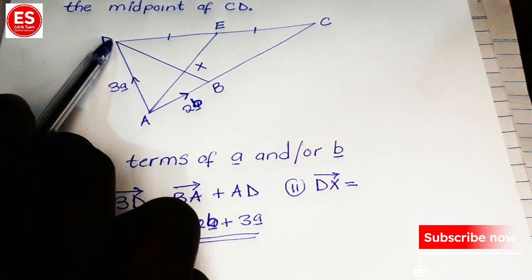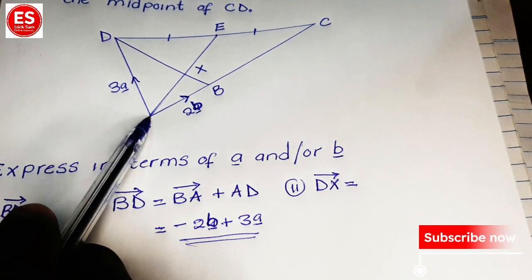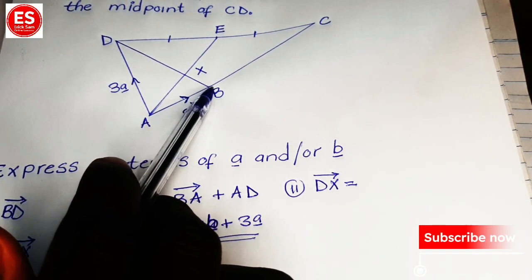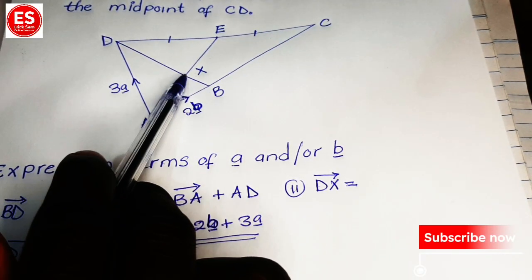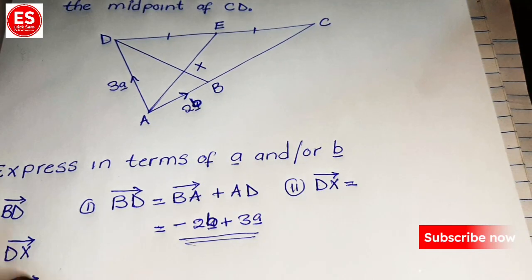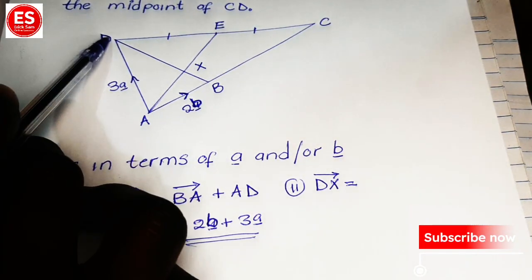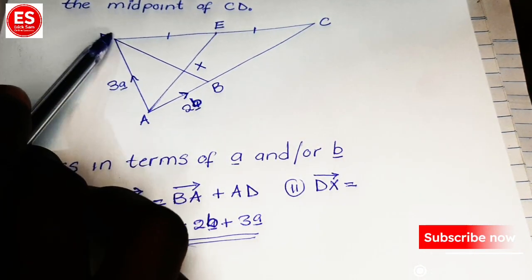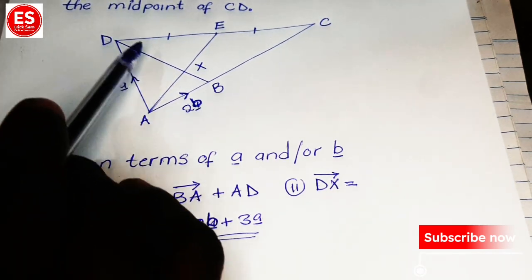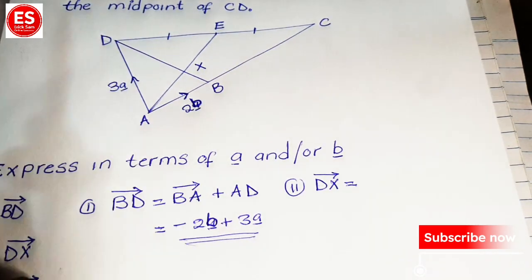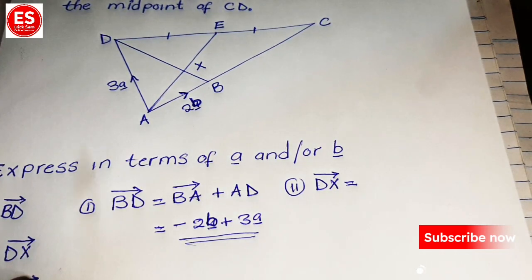You can move from D to A, then to B, then to X. Or you can say you're going to move from D to X of BD. That is the other method.